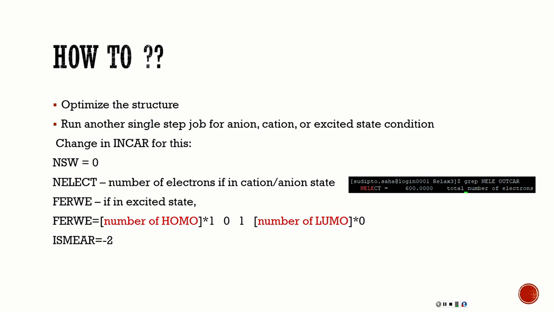If we need it for anion, cation, or excited condition, then we will have to do the geometry optimization again with a different INCAR file, and everything else will be the same. Like the KPOINTS file and POSCAR file will be the same. I will just copy it from the previous run, and the POSCAR file will be the CONTCAR file of the previous relaxation step. And in the INCAR file, you will have to include 3 different new parameters.